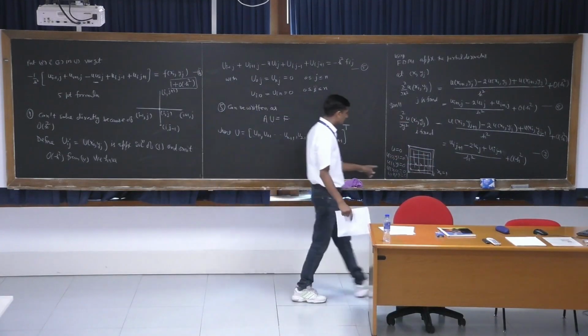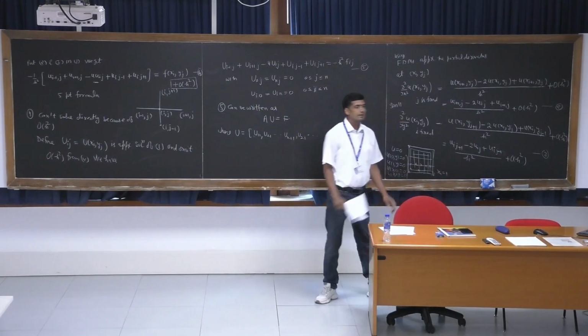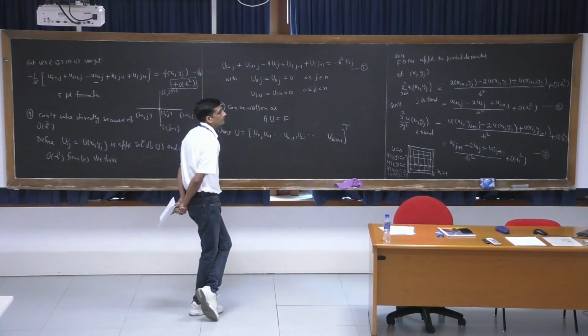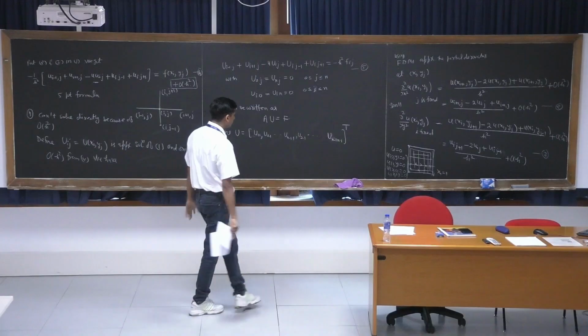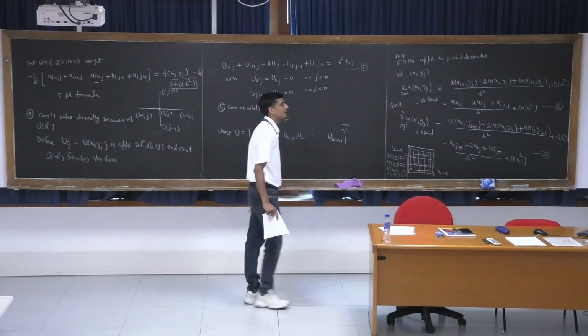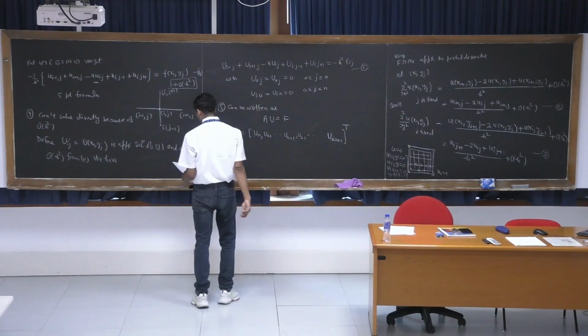U11 means U of x1, y1, this solution. The finite difference method gives a solution at the nodes only. This is also one drawback of this method. I will explain later. So now U is equal to this, and where A is what?